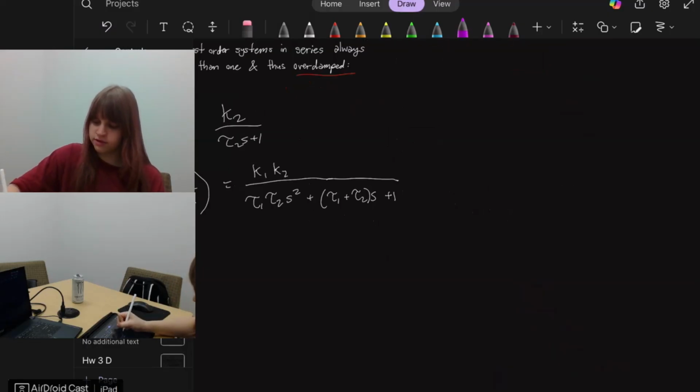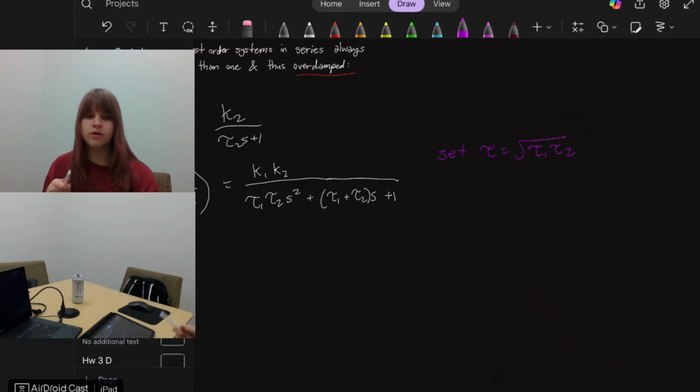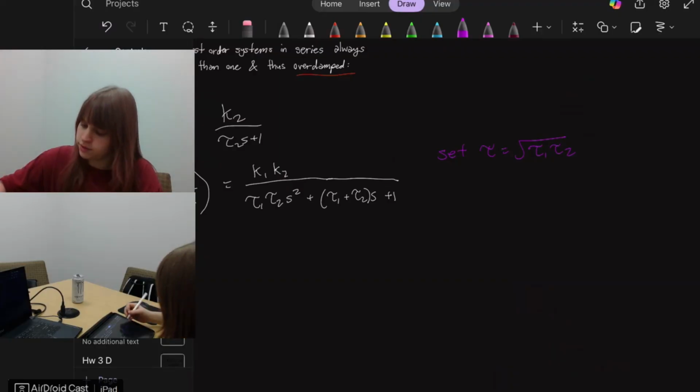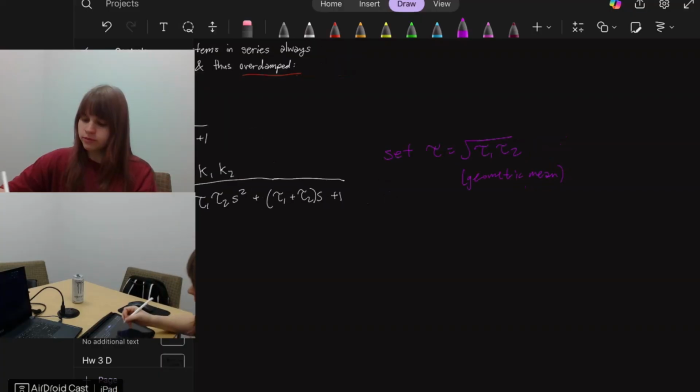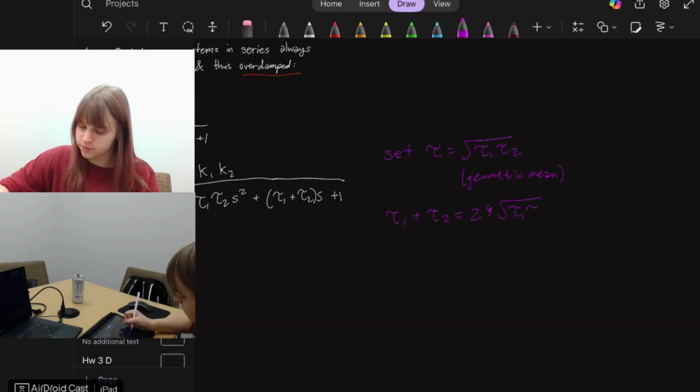Now if we set our tau equal to the square root of tau 1 times tau 2, that is our geometric mean, we have tau 1 plus tau 2 is equal to 2 zeta square root of tau 1 times tau 2.